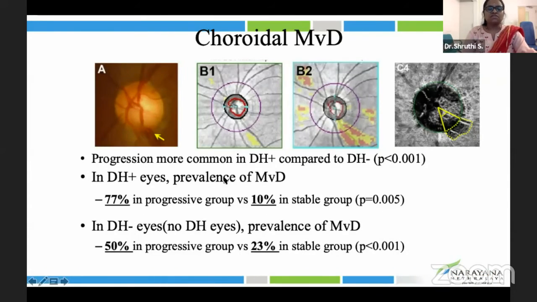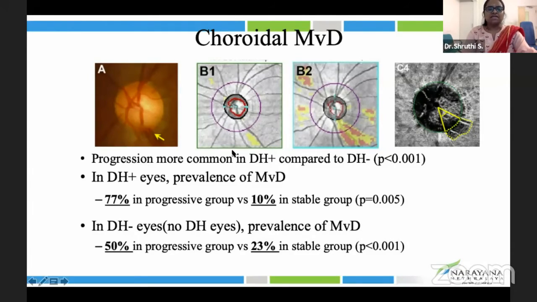Progression was more common in presence of disc hemorrhage compared to absence of disc hemorrhage. And 77% of eyes which progressed in disc hemorrhage eyes had microvascular dropout compared to 10% of those which were stable.